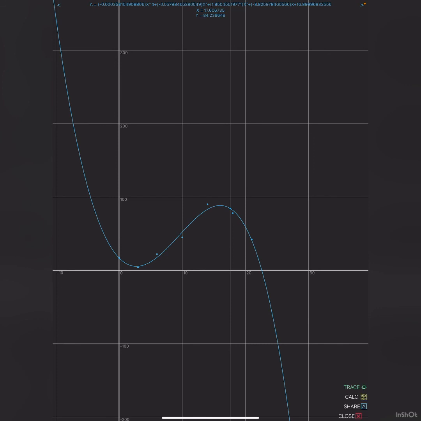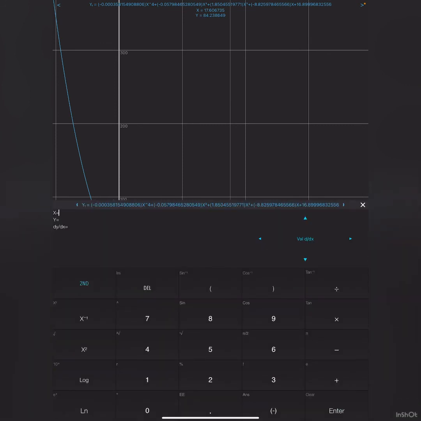We need to calculate. It says use your model to find the number of vehicles that pass through the intersection at 5 p.m. daily. 5 p.m. is really 1700 hours. We need to use military time. So on this app, we're going to go to calculate, and I'm going to assume for the x value we type in 17. I hope this works.